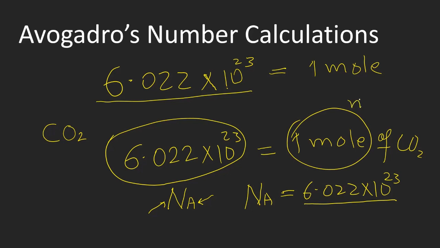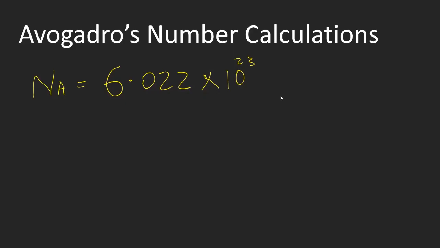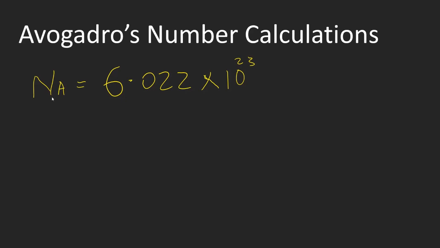Now we'll see some relationship between mole and Avogadro's number. We learned that Avogadro's number, which is written in short as NA, is 6.022 times 10 to the power 23, and it is equal to 1 mole, and mole is small n.